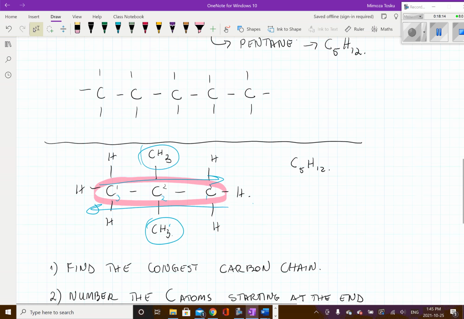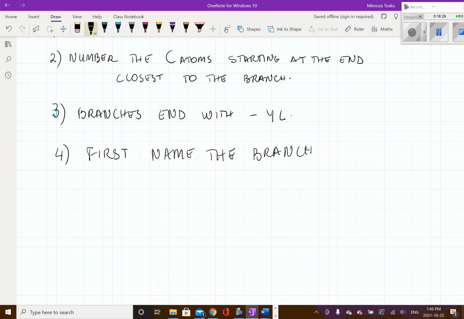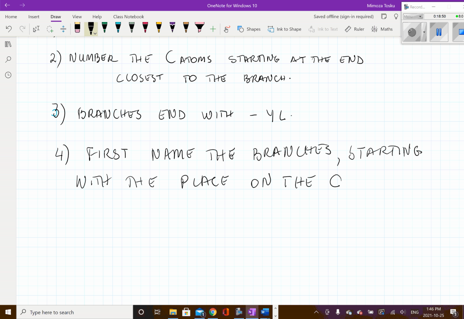Okay. First, name the branches, starting with the place on the carbon chain. So 2, 3, 4, 5 on the carbon chain.